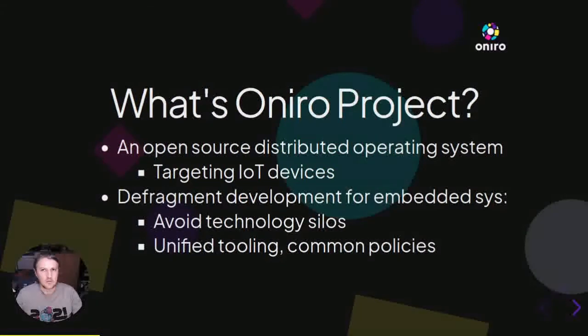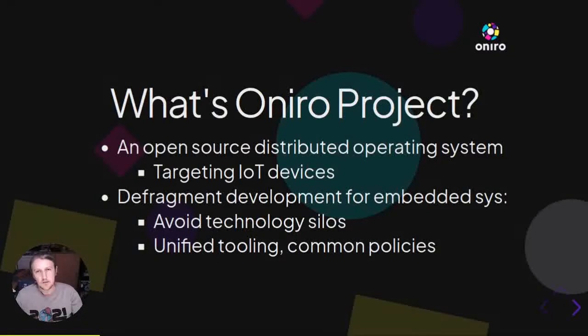Well, we want to defragment the development for embedded systems. We want to break technology silos. This can be a feature of the system, but it can also be the ecosystem for software development. It can be very difficult to move from one platform to another. There are a lot of dependencies that are specific to the platform, and it's making the developer's life quite difficult.